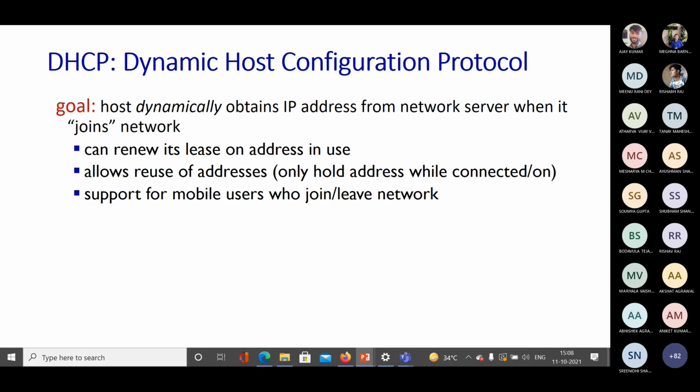One is that it can renew its lease on an address in use. That means if you are assigned an IP address for a given amount of time, and you want to still browse for a little longer, then you can renew your assignment of the IP address. That is one thing.